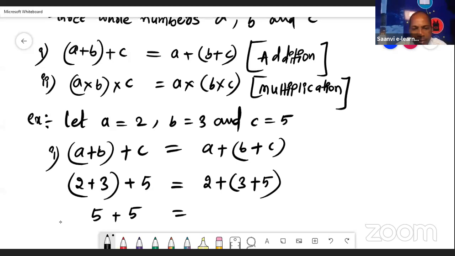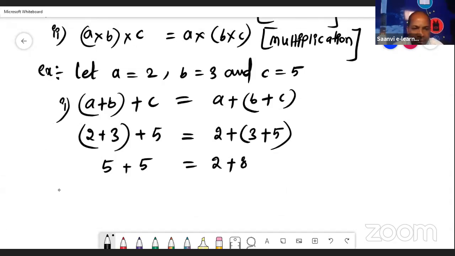Here also 2 plus, first of all we should add the inside bracket values. 3 plus 5 is equal to 8. Now add LHS and RHS. 5 plus 5 we get 10, and here 2 plus 8 also we get 10. See, in LHS and RHS we have got the same result, 10 and 10. Okay, and also it is a whole number.